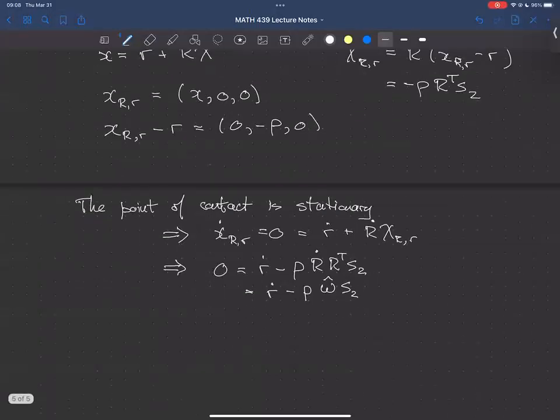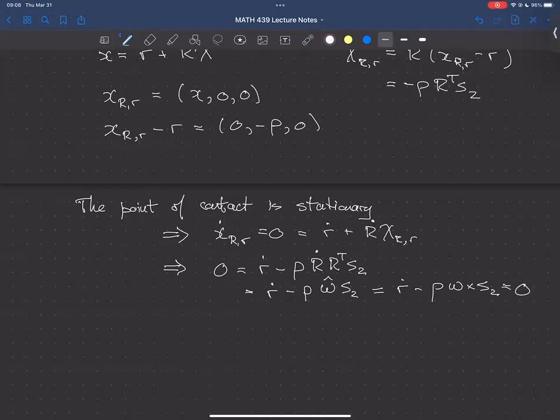But omega hat times the vector is the same thing as the cross product of omega with that vector. The constraint on the rigid body velocities is exactly that this thing equals 0.